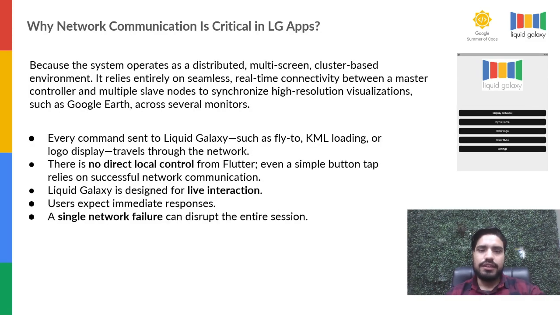Why is network communication critical in LG apps? Because I already explained to you that Liquid Galaxy works as a distributed system and it operates as a multi-screen cluster-based environment. It relies entirely on seamless real-time connectivity between the master controller and the slave nodes. And basically, as you all know, Liquid Galaxy is used for visualization.